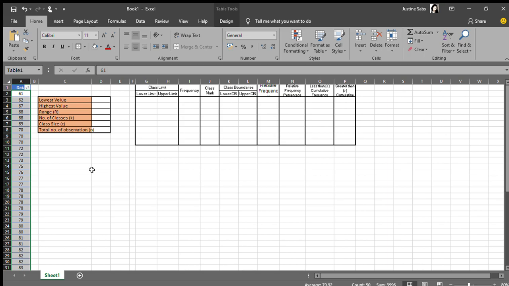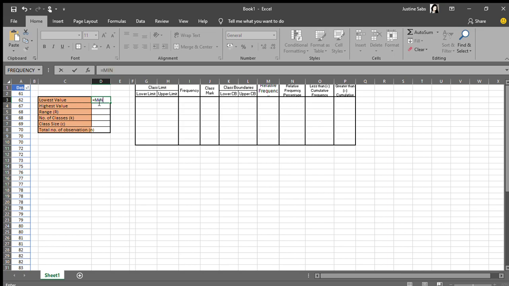Range typically is the difference between your highest value and the lowest value of a certain data set. To find first the lowest value, we have a formula of equal sign, then MIN as an abbreviation for minimum. That would be the function.